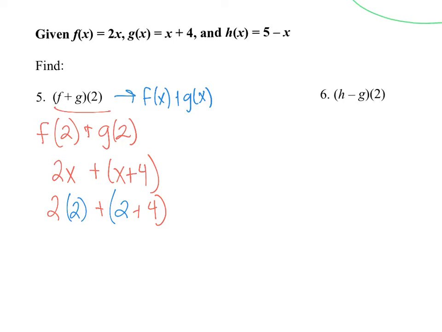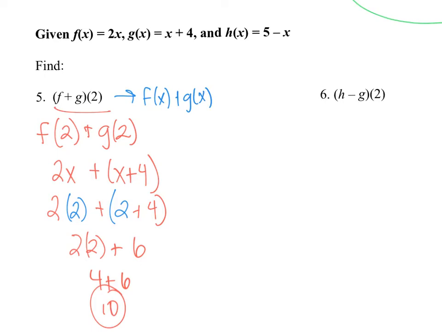What's 2 plus 4? 6. What's my next step? Good. What's 2 times 2? Good. And then I'm going to write down 6. What's 4 plus 6? 10. Good job. Okay? So now we're just using function operations, but we're plugging numbers in.